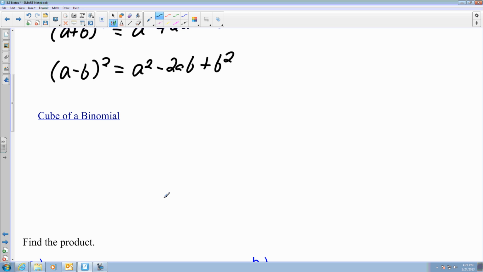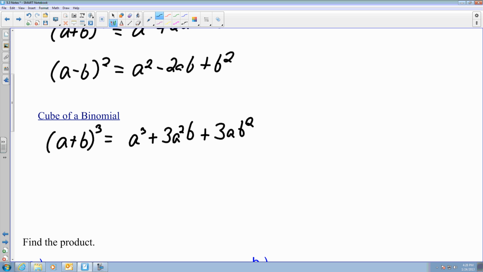Now, if I had showed you the cube of a binomial where you've had a plus b quantity cubed, this will equal a cubed plus 3a squared b plus 3ab squared plus b cubed.